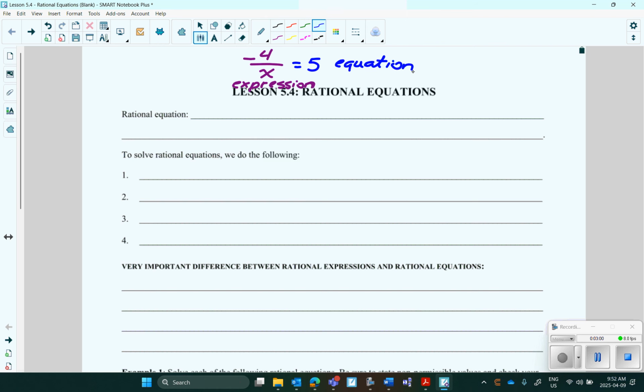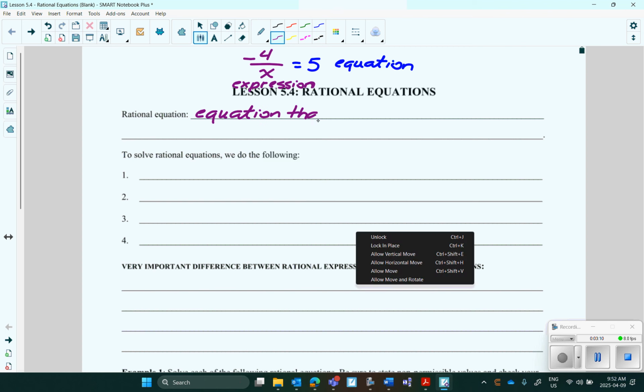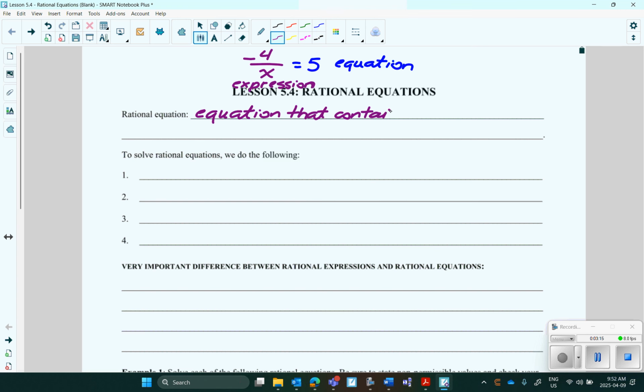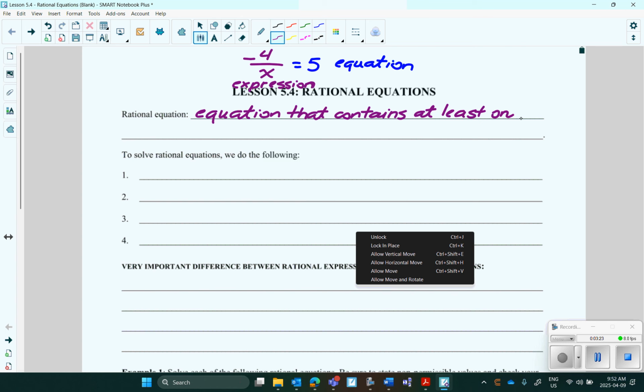Okay, so a rational equation. Well, it's an equation that contains at least one rational expression.